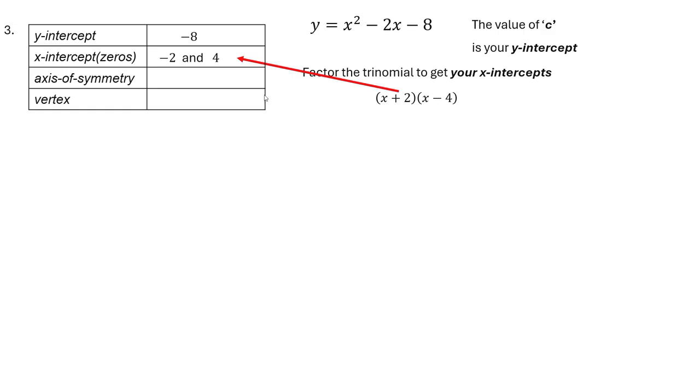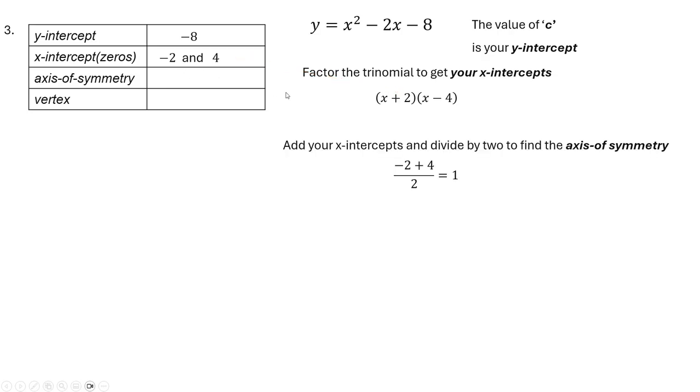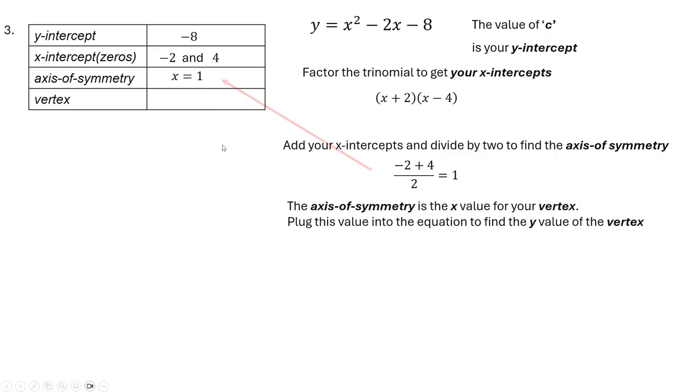Our axis of symmetry we can get by adding these two numbers together and dividing by 2. Gives us an axis of symmetry of 1. This value right here becomes the x value of our vertex. So we'll take that 1, plug it back into our equation here, and this will give us the y value.